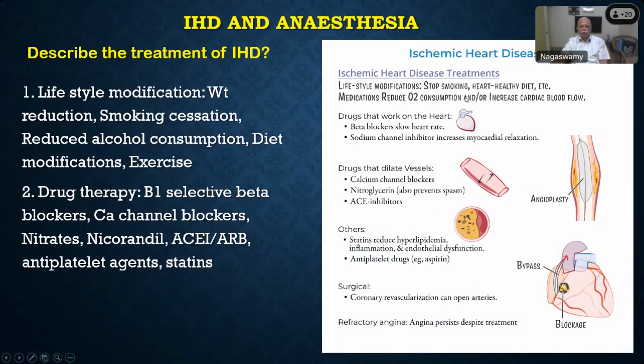So lifestyle modification, drugs acting on the heart, drugs acting on the vessels to dilate them, and angioplasty or statins to prevent the plaque, make the plaque stable, and lastly, coronary revascularization.